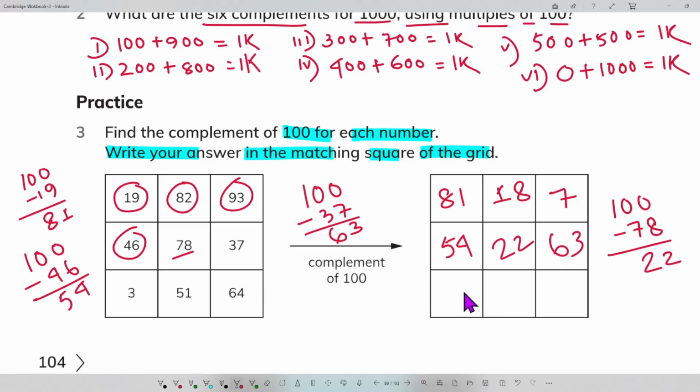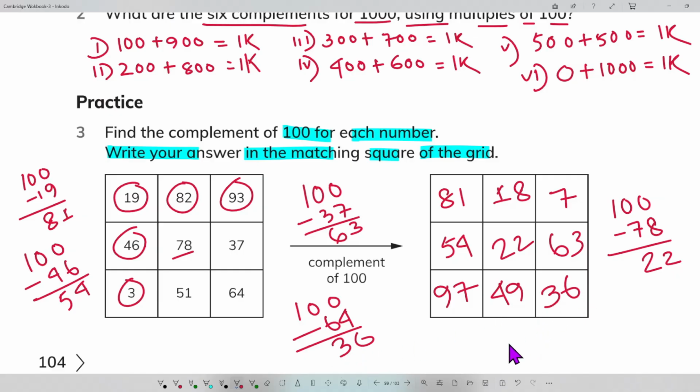Then 3, so 97. 51, so 49. 64. 100 minus 64. So here is a 6. Carry 1. 10 minus 3. 7. It's 36. Okay. So very simple.